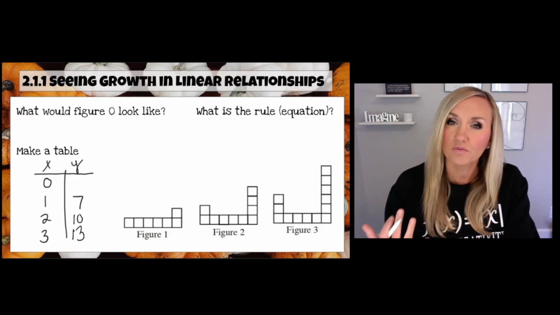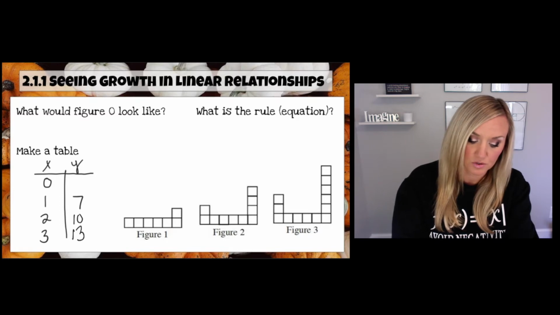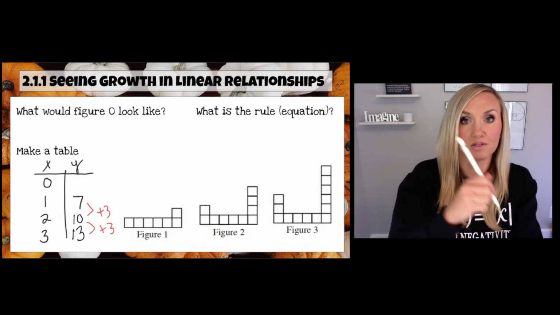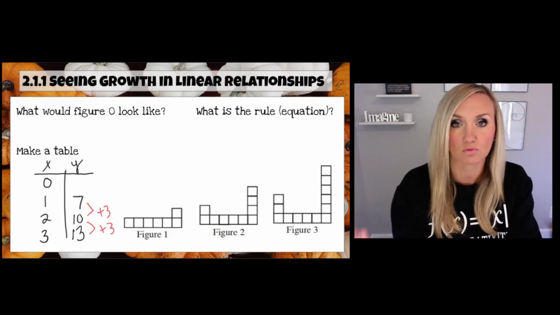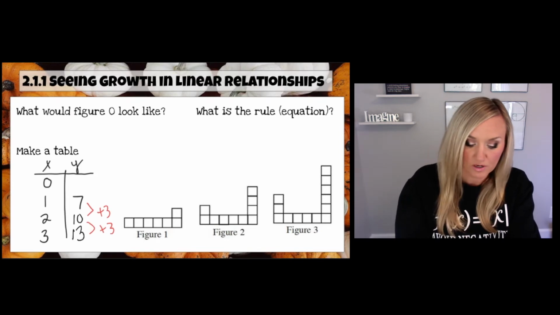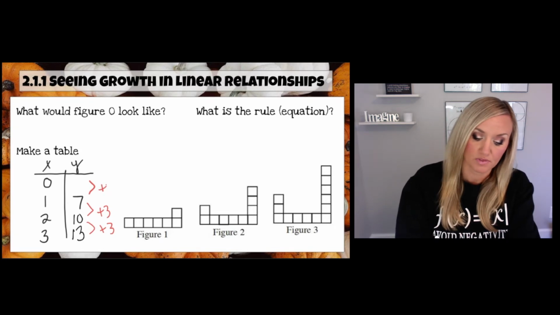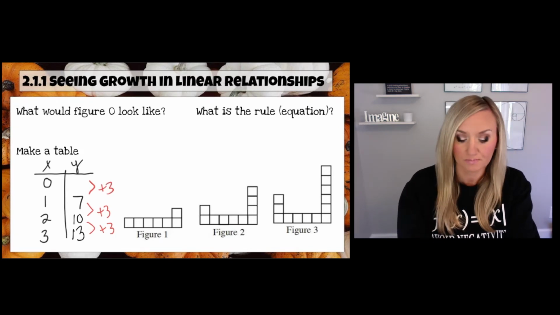Okay, so hopefully you notice that the pattern is growing by plus 3, plus 3 each time. From figure 1 to figure 2, 2 to 3, it's growing by 3 of those boxes each time. So therefore, what would figure 0 look like? Well, something plus 3 gives us 7.